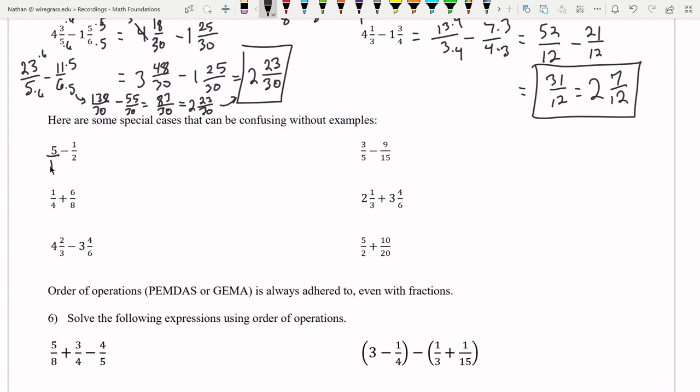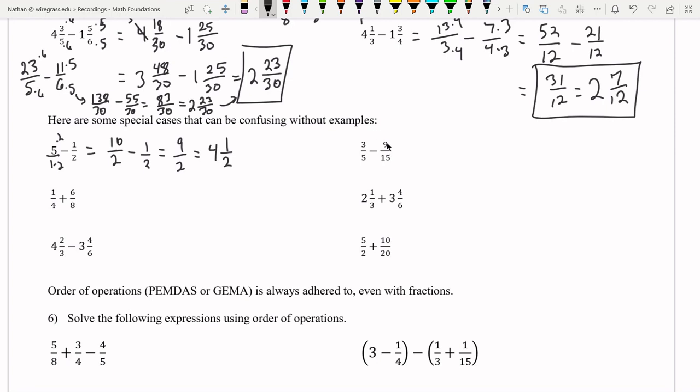Now we can get common denominators here by multiplying this one by 2, right? 2 will be the least common denominator between 1 and 2. That's going to give me 10 over 2 minus 1/2. 10 divided by 2 is still 5. I haven't changed anything there. But now I can do 10 minus 1 is 9/2, which is the same thing as 4 1/2. So whenever you see a whole number, just divide it by 1, and that gives you a fraction that you can work with.